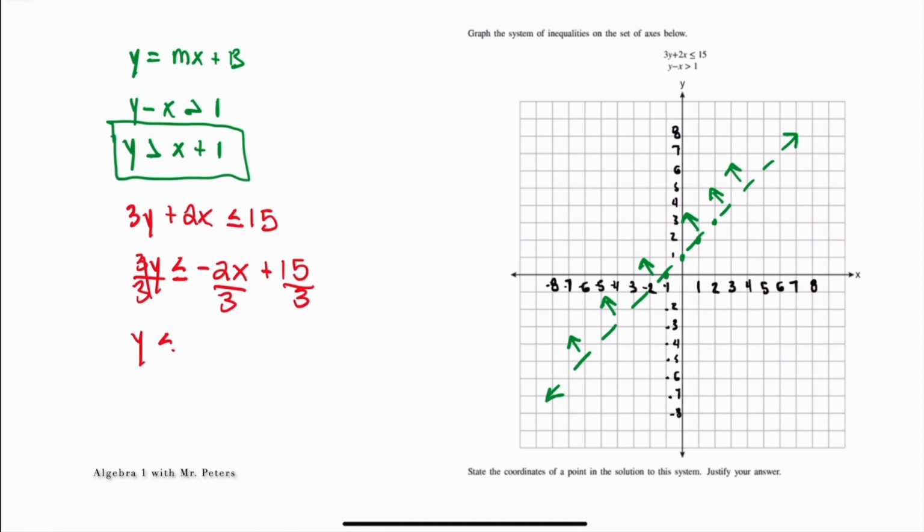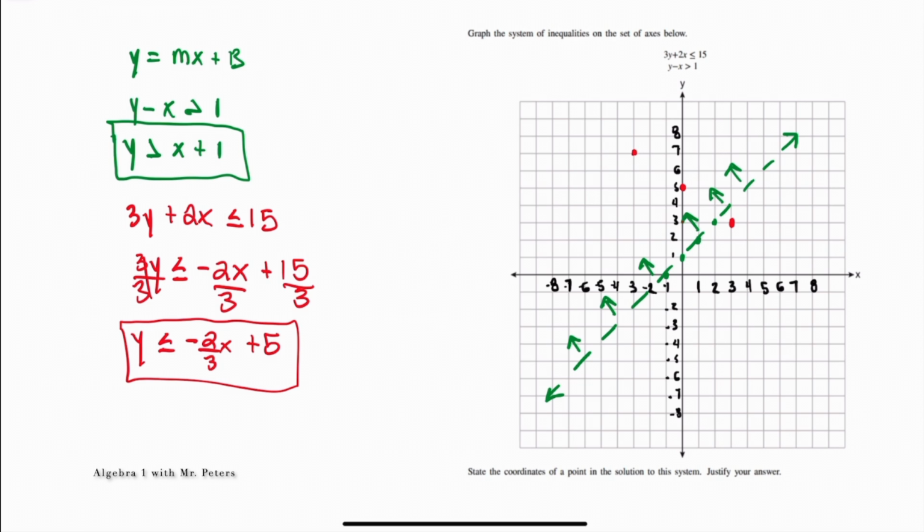So y is less than or equal to negative 2 over 3x plus 5. So this is the second inequality we're going to graph and shade. So we know the y-intercept is 5. And this is going to be a solid line because of the or equal to. And we can use our slope, negative 2 over 3, to find another point. So I could go down 2 over 3 to get a point right here.